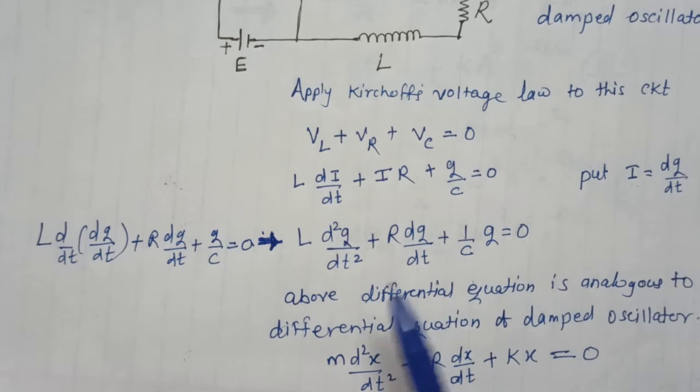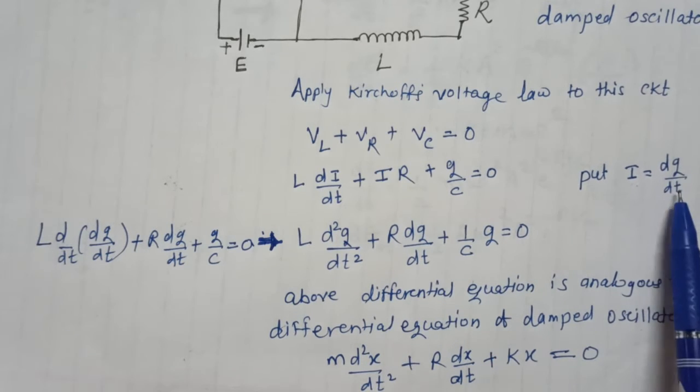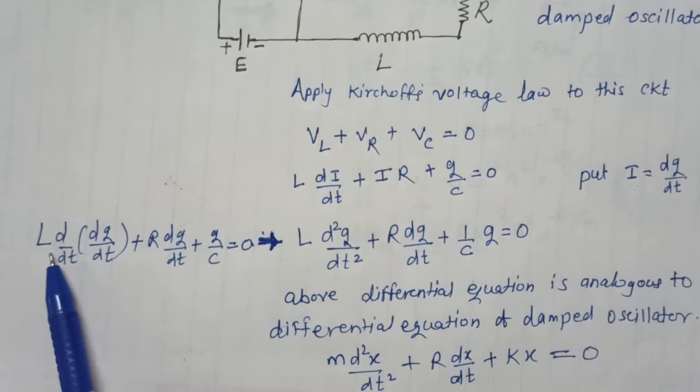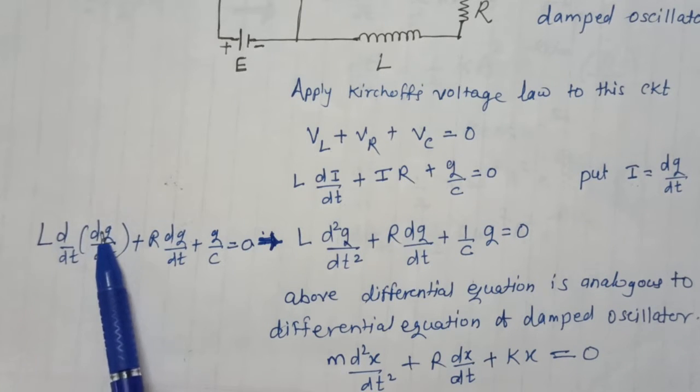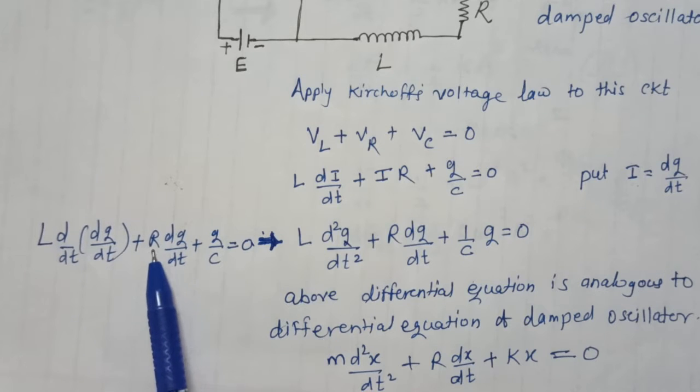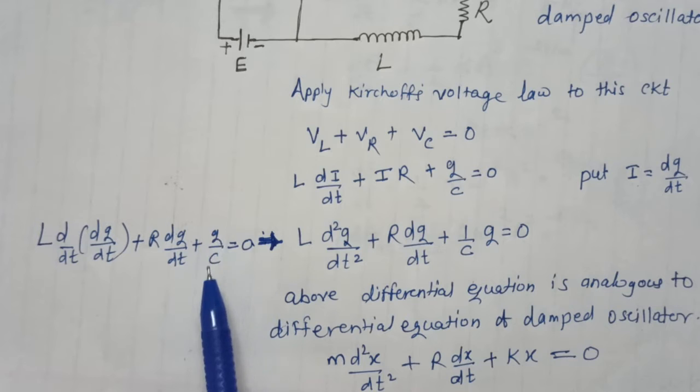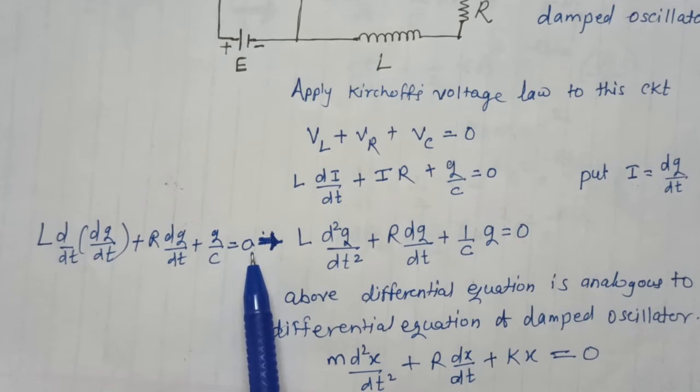Put I is equal to dq by dt. Then we have L into d by dt of I, that is dq by dt, plus R dq by dt plus Q upon C is equal to 0.